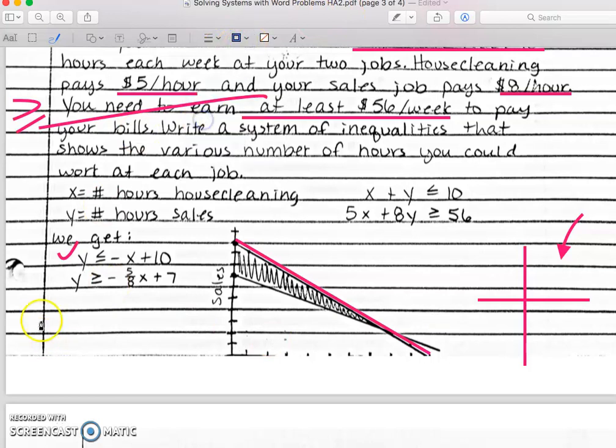Then I'm going to use blue to do this bottom one. Close enough. And then I just did the shading and I got the section between them. So all of my solutions for the number of hours she can work at each of her jobs to fit this criteria are in this shaded section. So this is the answer I'm looking for.